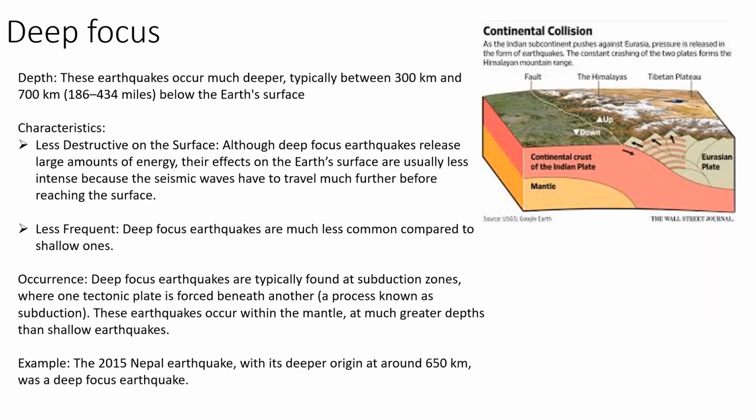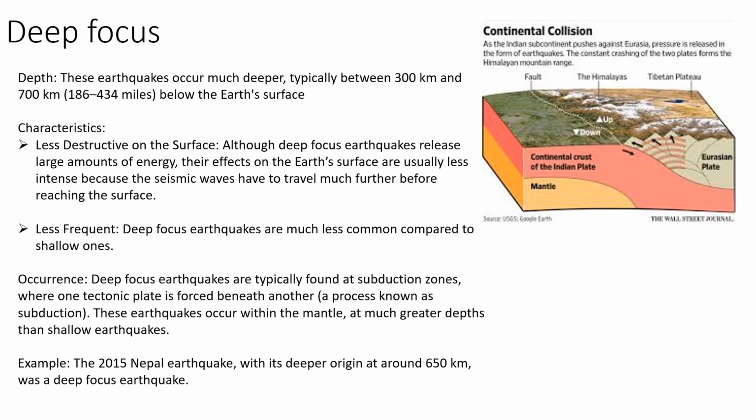Deep focus earthquakes, well, you're looking at earthquakes here that are about 300 kilometers to even 700 kilometers, so up to 434 miles below the surface of the Earth. These tend to happen a little more where you have collision zones, your continental plate boundaries.